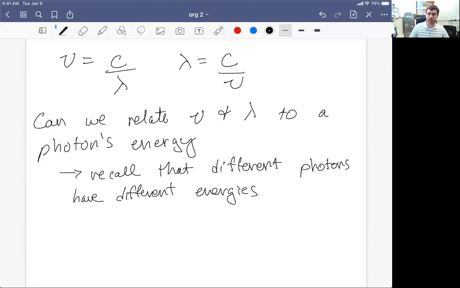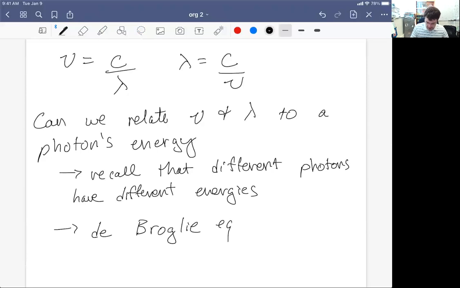Now we can use another equation that takes advantage of the previous equation, and that's the de Broglie equation, which I probably did not pronounce correctly, I'm doing my best.